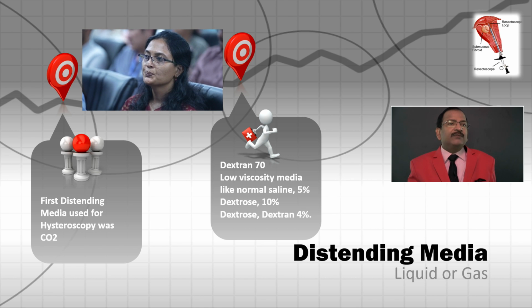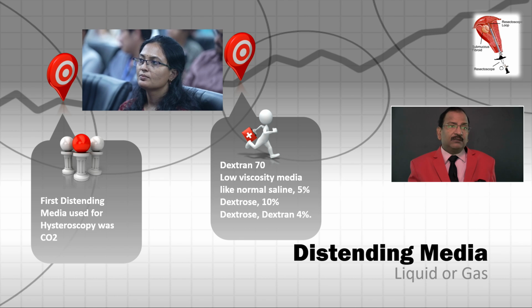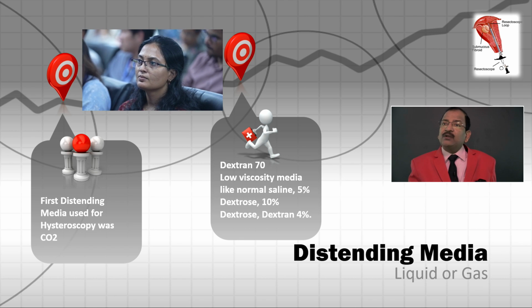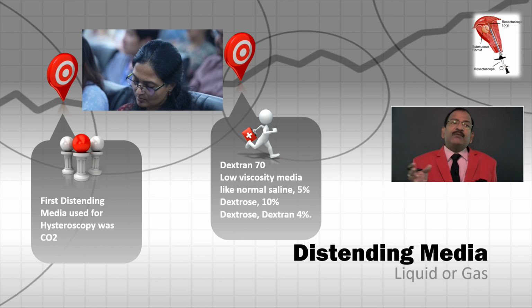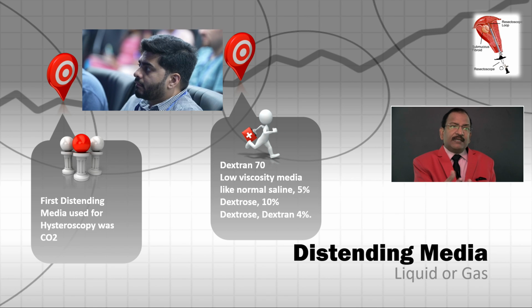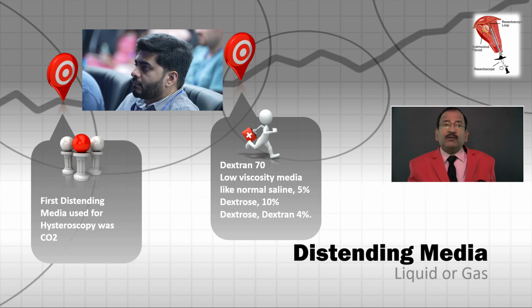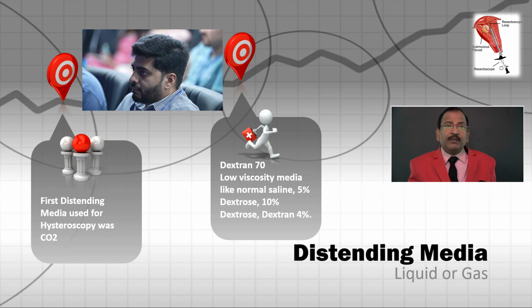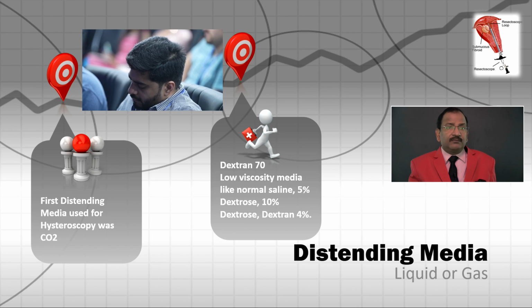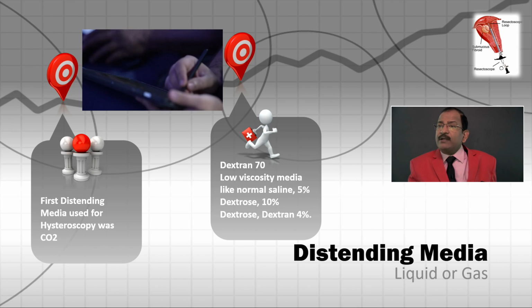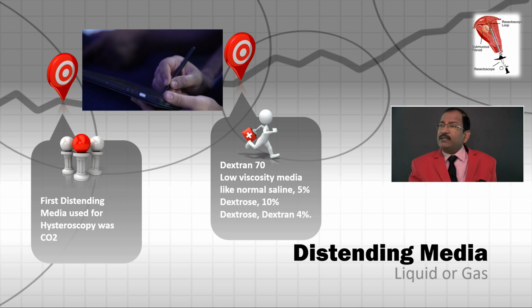The problem is, if you are doing laparoscopy alone, it is good that at the end of the procedure whatever dextrose has collected in the cul-de-sac you can suck out. But if you are doing operative hysteroscopy alone, like TCRE or polypectomy or myomectomy, and you use dextrose, and suppose 500 ml of dextrose is collected in the pelvis, then what to do about that?